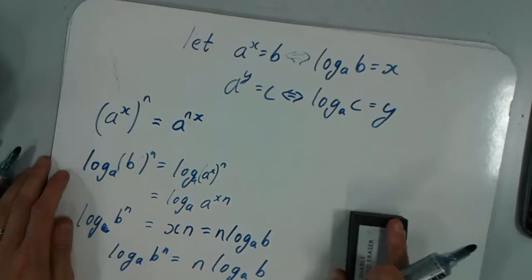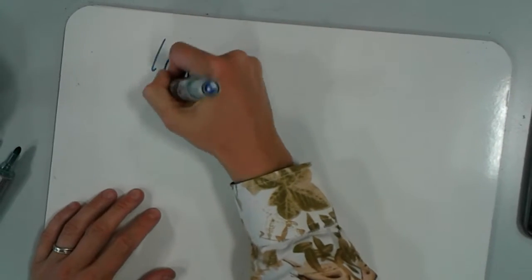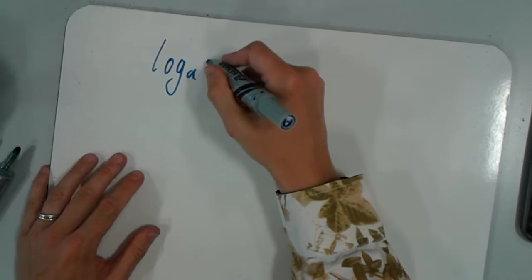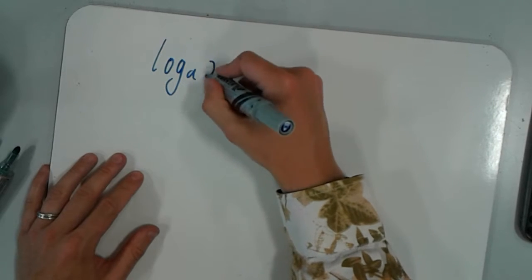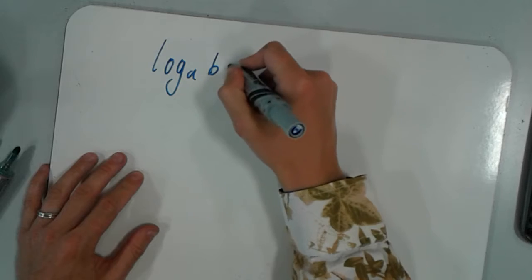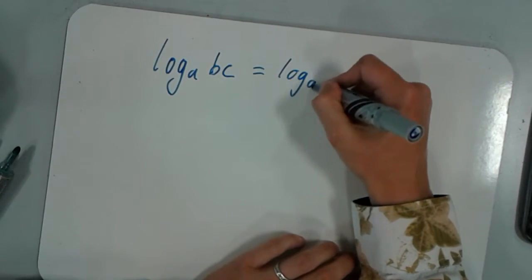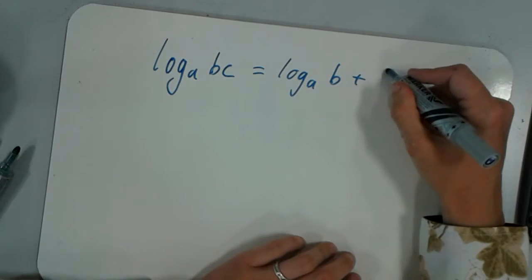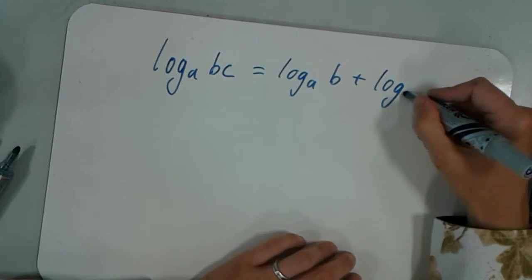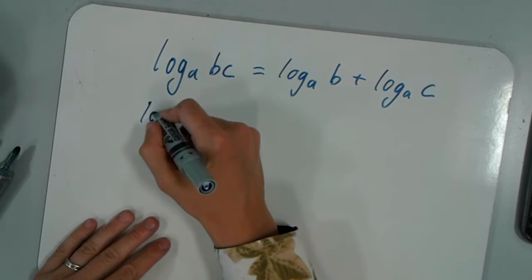Okay, so quick summary of the rules that we need to know for logarithms. If we have a multiplication of b and c, we can write that as an addition in two separate logarithms. A division we can write as a subtraction.